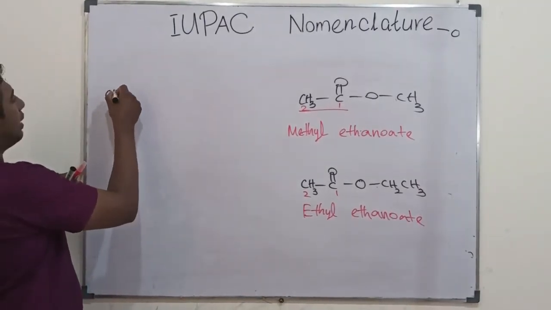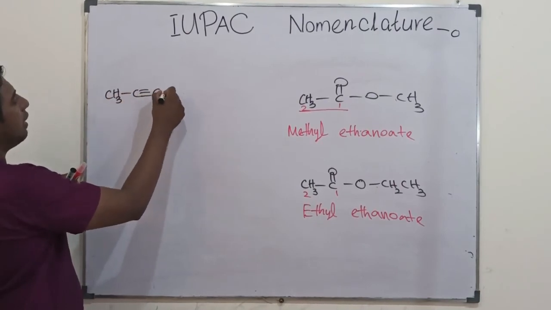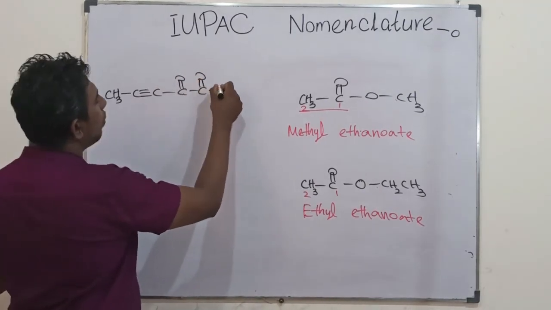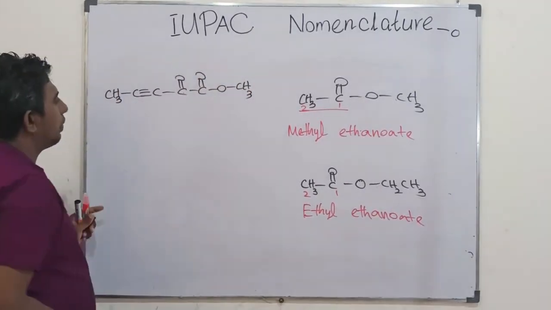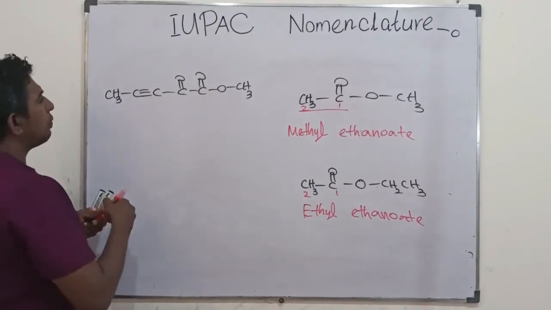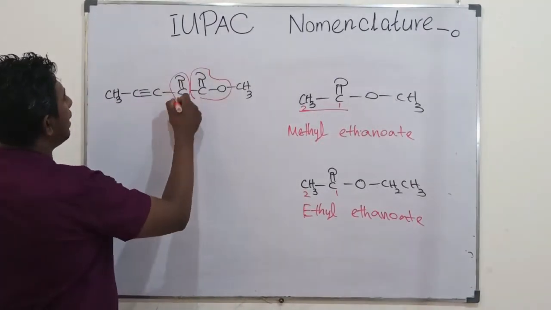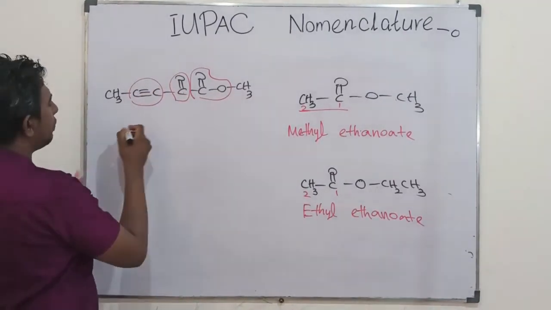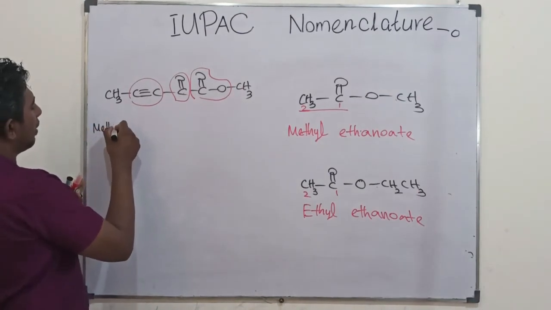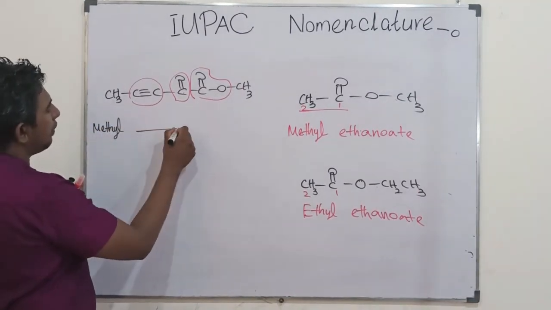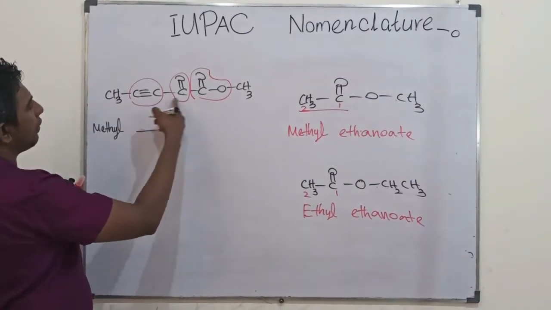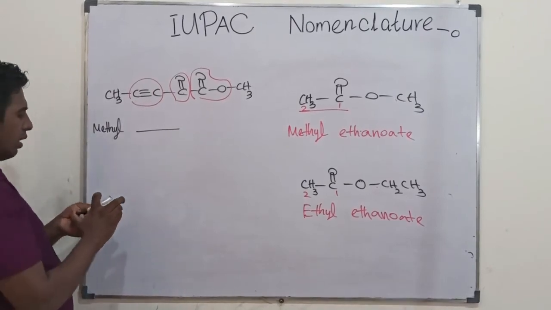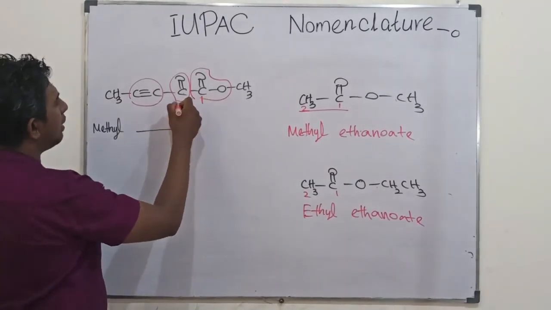It's CH3, C triple bond C, CO, CO, O, CH3. So you have these functional groups there. It's an ester, it's a ketone, it's an alkyne. Then students, you need to first mention methyl. So giving a space, then finally you need to give this. You have the carbon chain being numbered in this way.